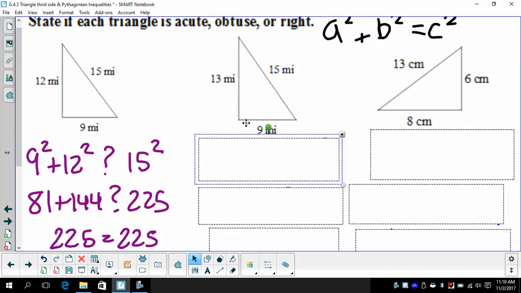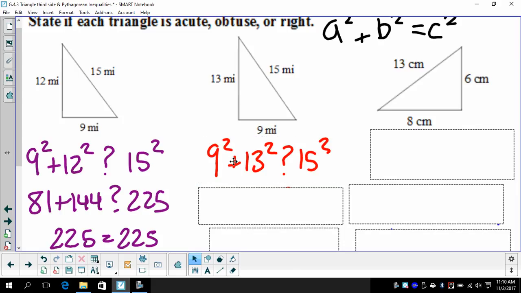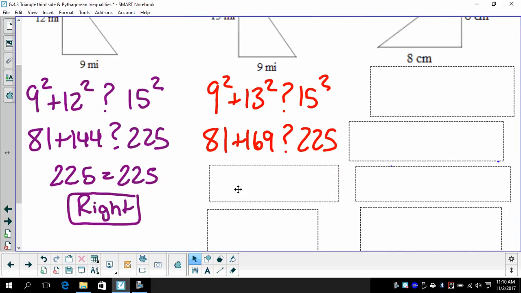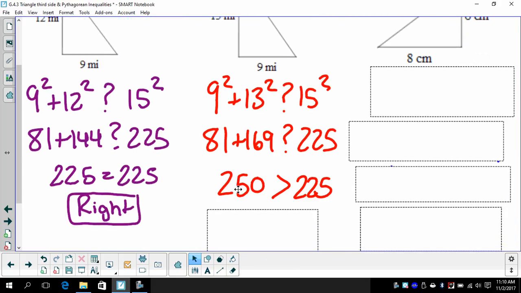This middle one, my two smaller sides are 9 and 13. So those are the ones I'm going to have together. I'll square all my numbers. And I get this left side, my two smaller sides added together after they're squared, 81 plus 169 is greater than my longest side squared.